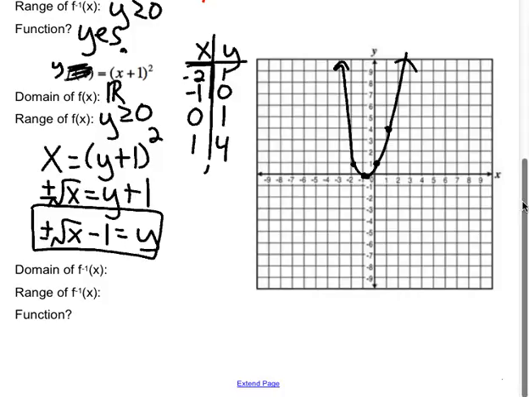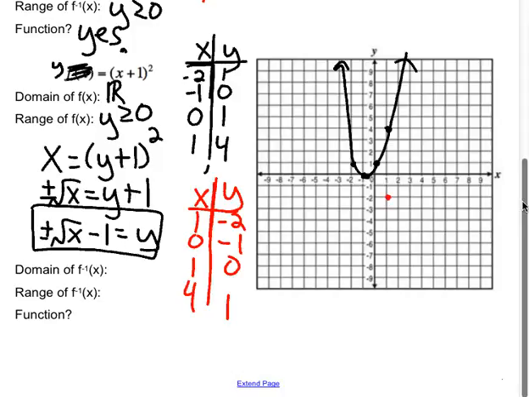All right, so there is our inverse function, or our inverse, I should say. And now, again, recall that if I want you graphing this thing, I can just reverse those points.